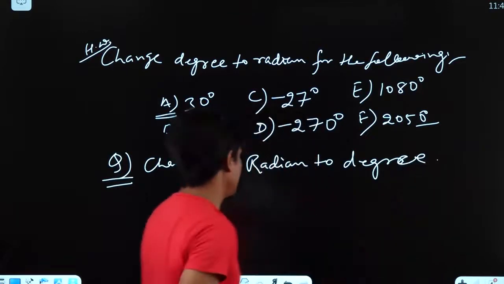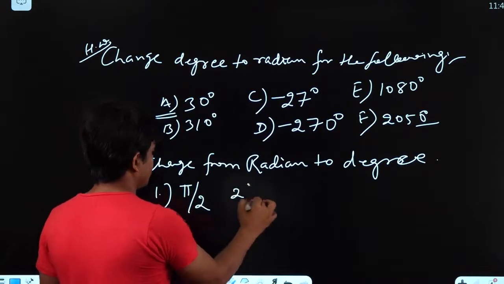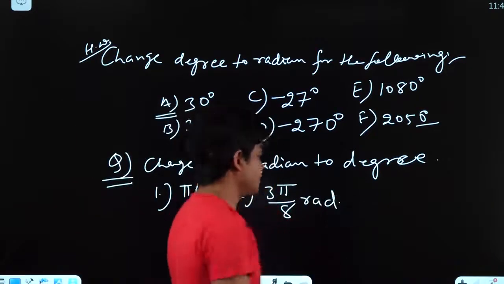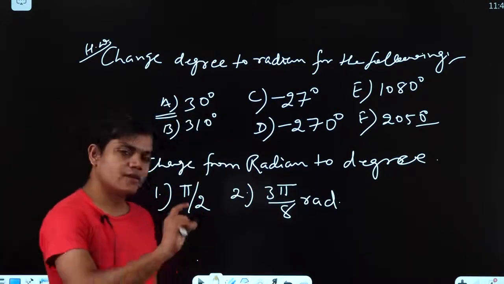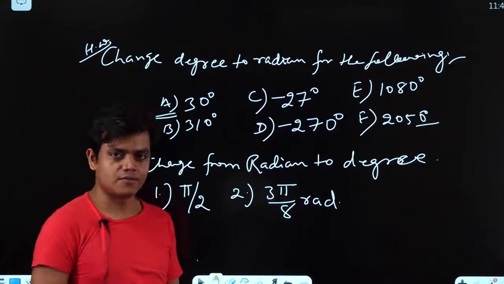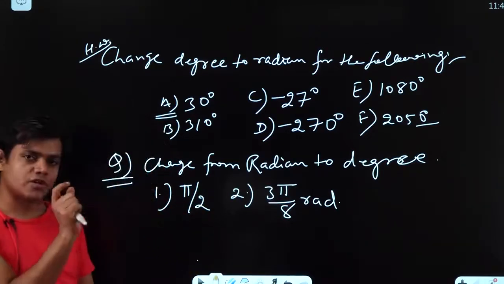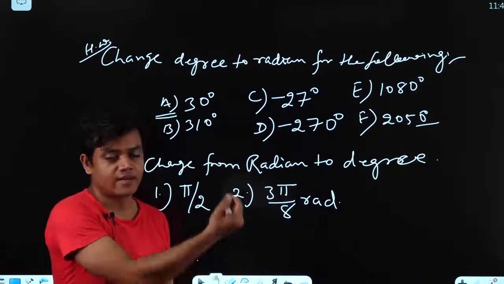Okay, so first of all, very few questions like pi by 2 radian, 3 pi by 8 radian, you have to change it into the degree form, but don't forget to make the minutes and seconds also. Okay, only integers should be written in terms of degree. Thereafter you have to write in terms of minutes and seconds also.